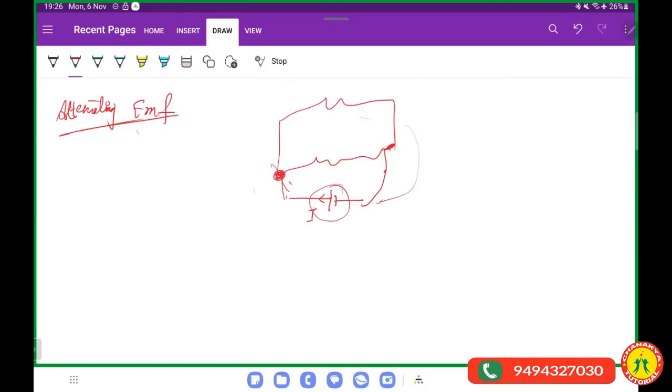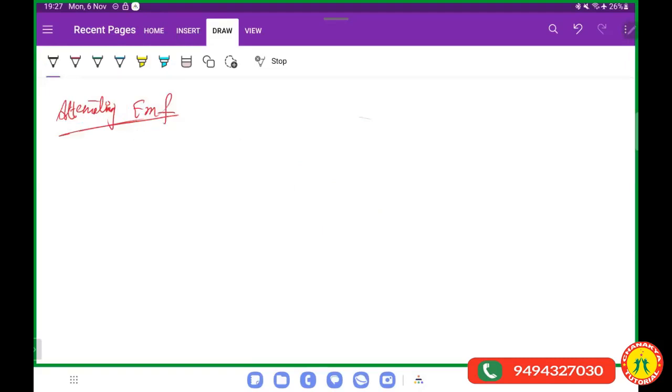In the same manner, there is a force which makes these things move. We don't want to learn definitions here. Nothing required in your JEE exam. You just need to know what it is. That's enough.